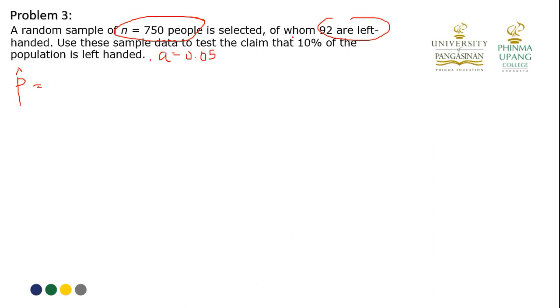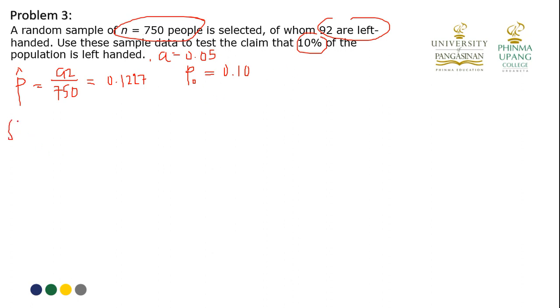P hat is 92 over 750. So, 4 decimal places po. What is 92 divided by 750? 0.1227. Then, yung p sub 0, kung may nakikita kayong percentage, kunin nyo na agad. Is equivalent to 10%, that is 0.1 or 0.10. Parehas lang. Tapos, yung alpha, yung n nandun na.